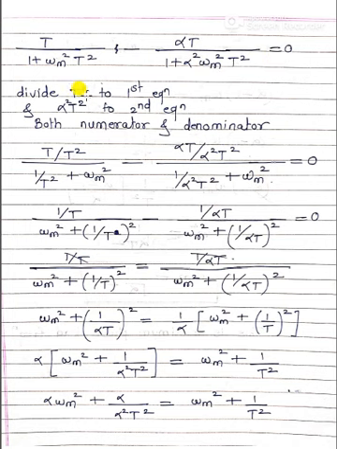So we divide by T square the first fraction, and by alpha square T square the second fraction, both numerator as well as denominator. The first becomes (T upon T square) divided by (1 upon T square plus omega m square), minus (alpha T upon alpha square T square) divided by (1 upon alpha square T square plus omega m square), equal to 0.